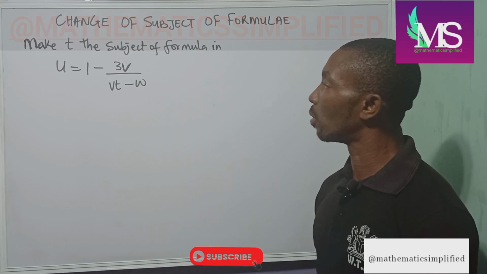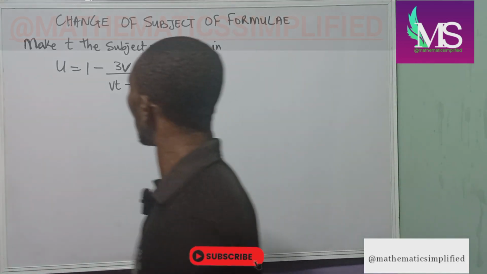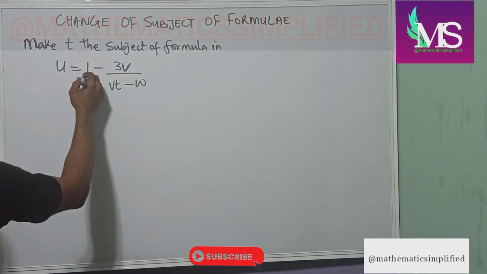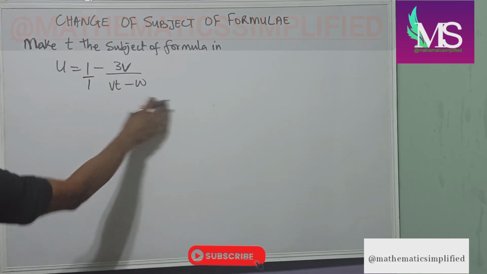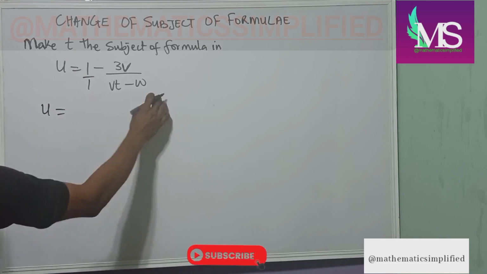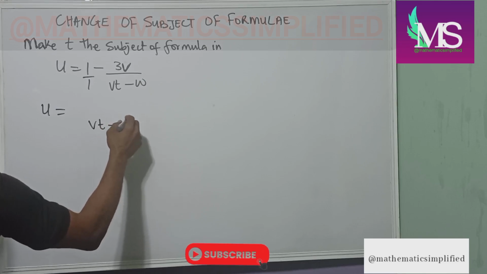And our next example says make t the subject of the formula in u equals 1 minus 3v all over vt minus w. Now in doing this, we'll first of all put this as a fraction and find our LCM. So we have u equals, LCM here will be vt minus w.